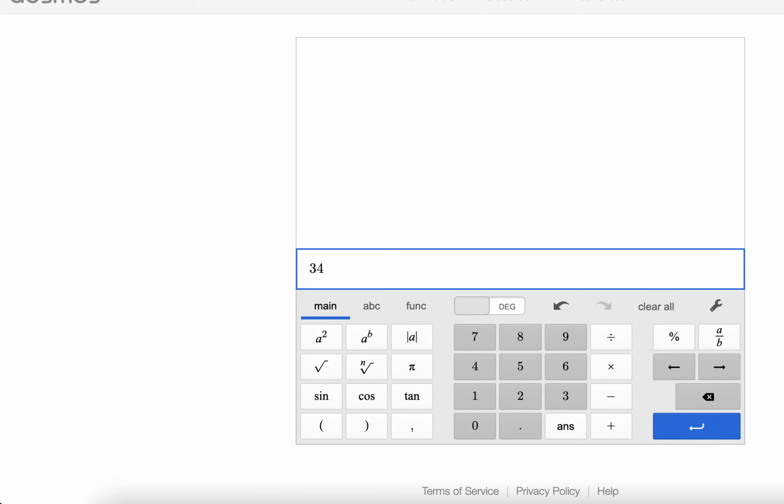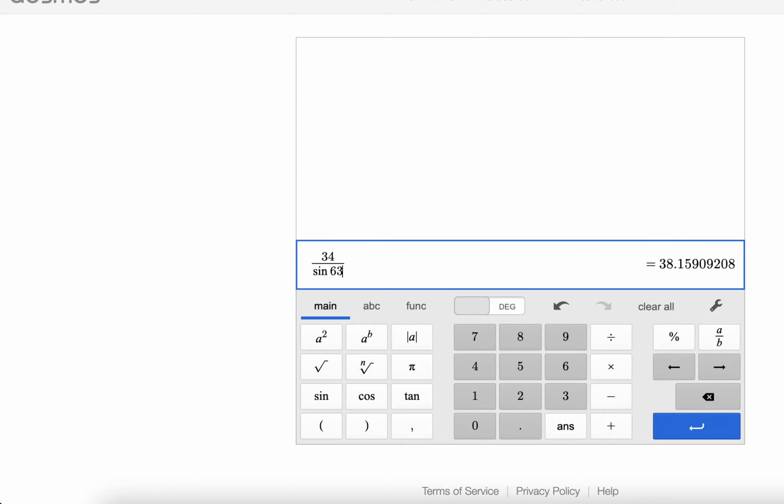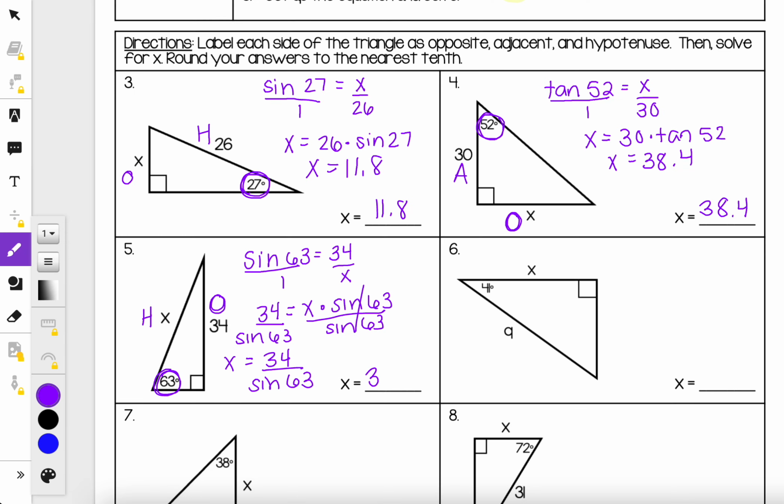So 34 divided by the sine of 63 is 38.2. This is why I suggest setting it up as a proportion every time. So you don't have to remember if you're multiplying, what you're dividing by. It's the same thing, cross multiply and go from there.